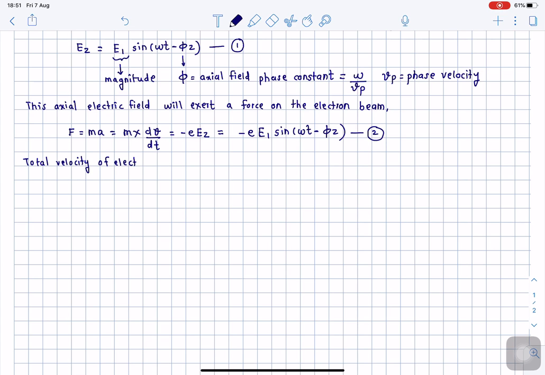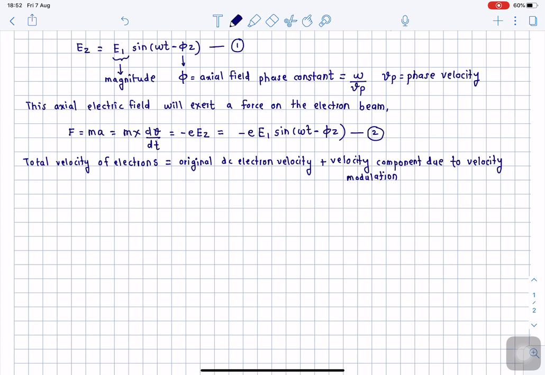The total velocity of electrons in the electron beam can be divided into two parts: the original DC electron velocity, which was the original velocity when the electrons get released by the cathode, plus a velocity component due to velocity modulation operation.